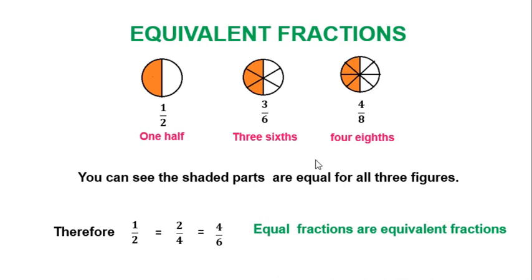The third figure is 4/8. You can see the shaded parts are equal for all three figures. Therefore, we can write like this. So, you can understand equivalent fractions. Simply, we can say equal fractions are equivalent fractions.